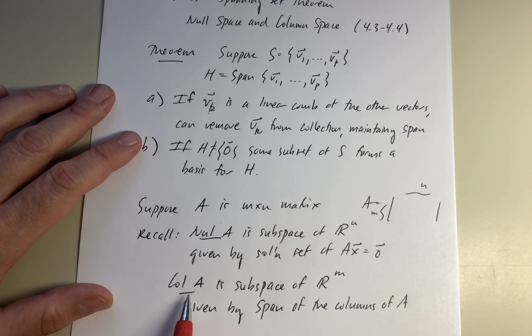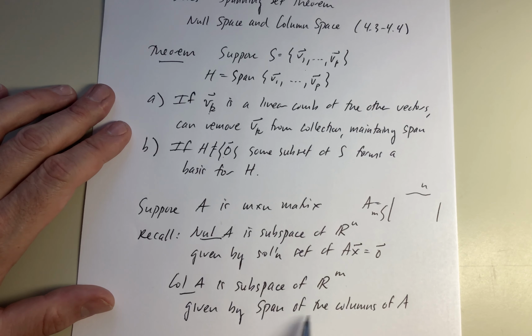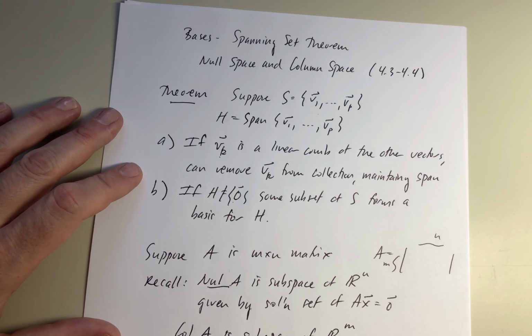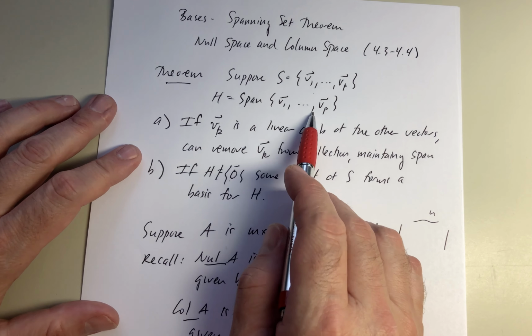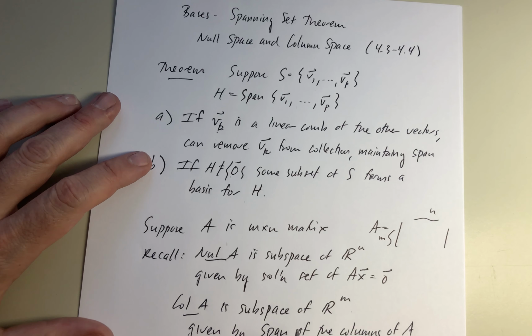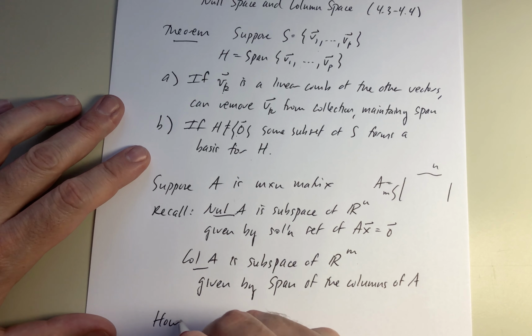So already you see that this is an example of a subspace of Rm that's described as the span of something. You already see the connection to the spanning set theorem: this is a subspace that is a span, and you want to know, can I get a basis this way? We'll come back to that in a second.